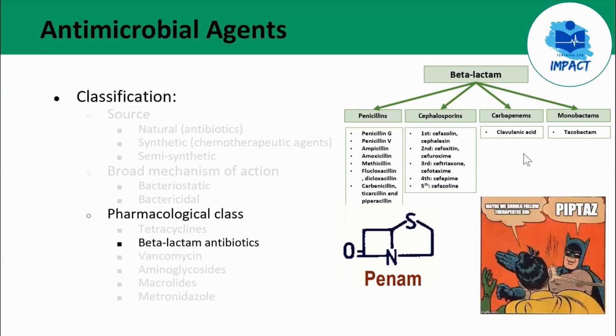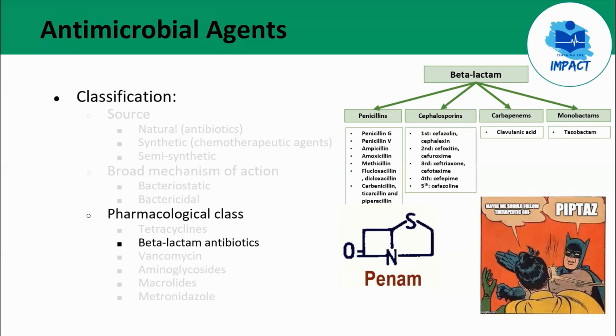The third type of beta-lactam is carbapenems, under which we have clavulanic acid, which is actually a weak antimicrobial agent by itself, but it is famous as an inhibitor of plasmid-encoded beta-lactamases. Just note that this is plasmid-encoded beta-lactamase, not chromosomally encoded beta-lactamase.